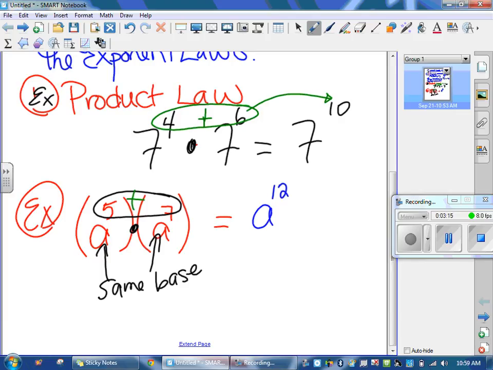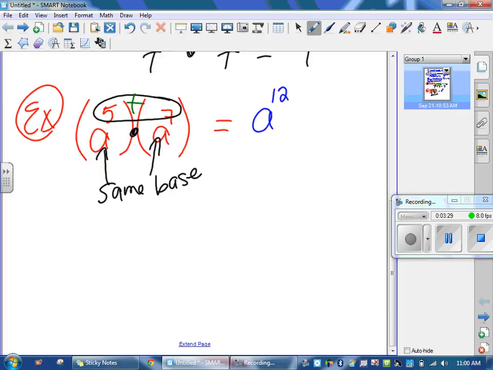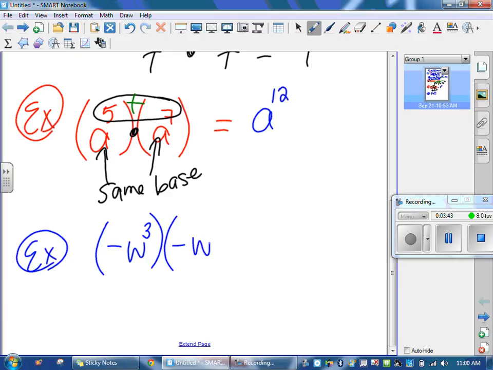Now, the exponents can be letters sometimes too. They don't have to actually just be digits. They could actually be a variable as well. And that's what some of the examples show. So I'll do another mini example with just variables. Next example, all variables. So again, negative w cubed, negative w to the 3n, to the 3n.